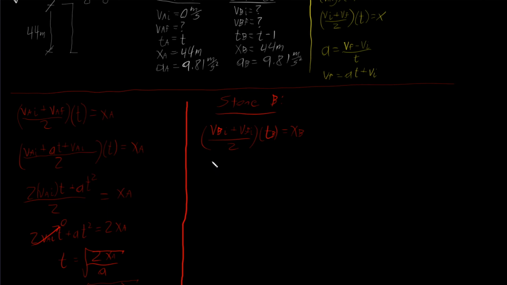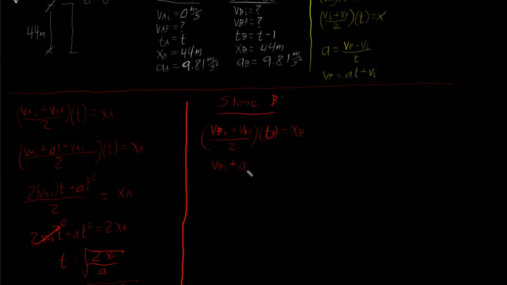So we have initial velocity of stone B plus, now we have final velocity of stone B. Oh, I did these letters here wrong. Okay, there we go. Now these letters are fixed. This should have been final velocity of stone B. So wherever we have final velocity, we'll replace that with acceleration times time plus initial velocity.